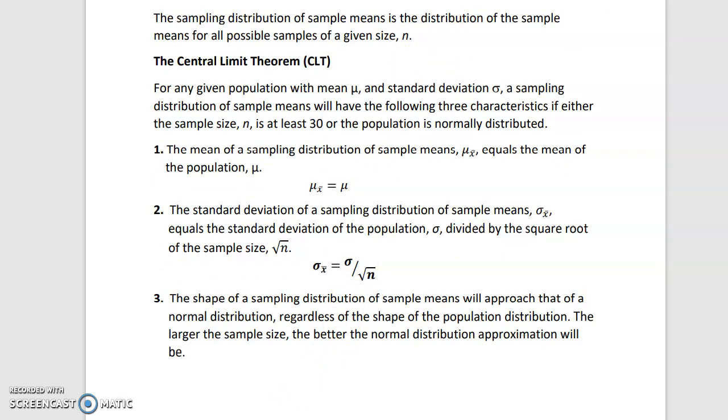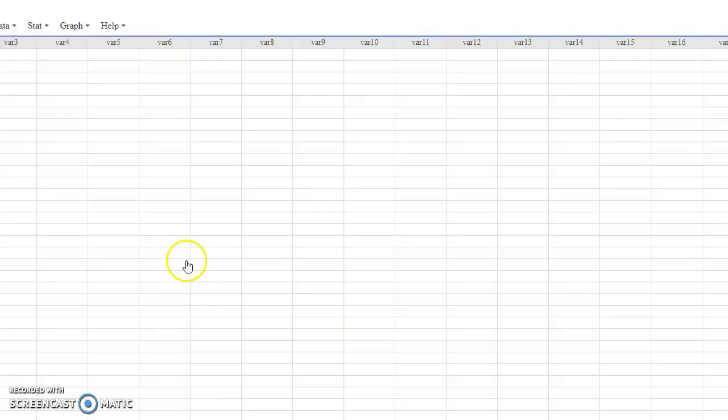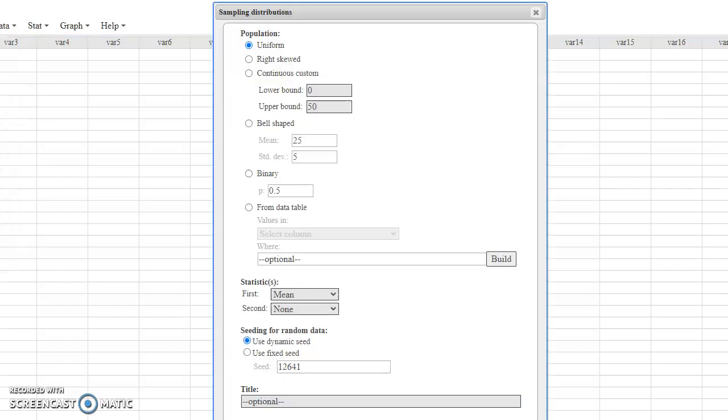Let me demonstrate. Let me start the simulation. So with this I'm going to begin with a bell-shaped distribution. So let's take the distribution for the heights of men.